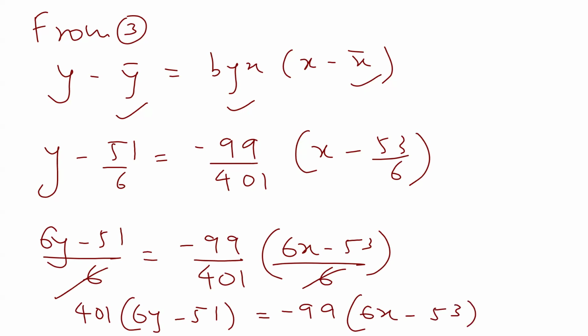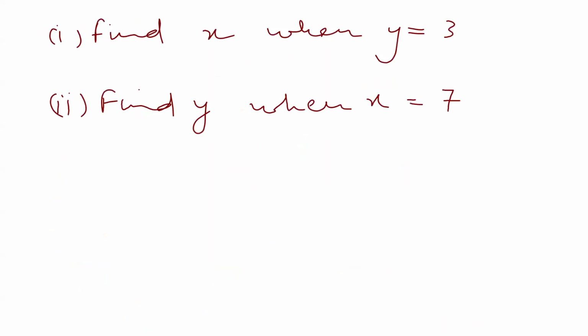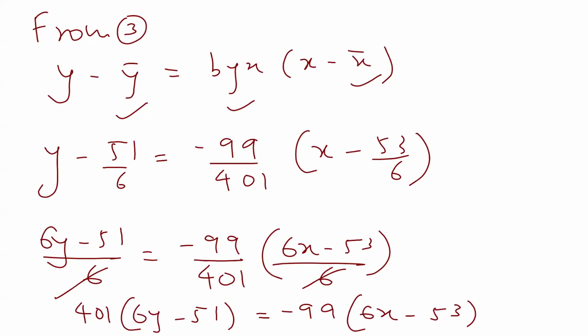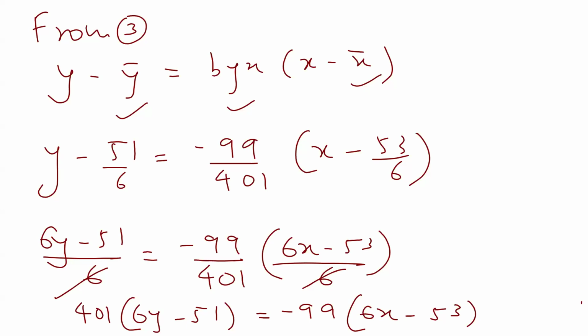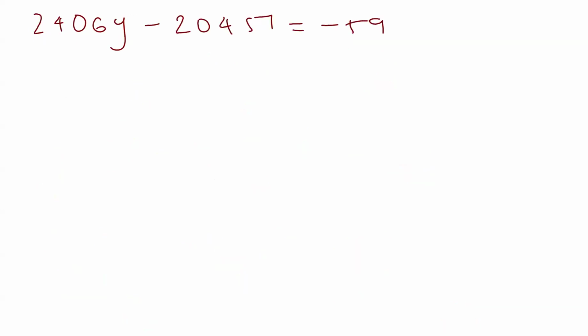So just multiply 401 into 6, that is 2406y minus 401 into 51, 2451, equal to 99 into 6, 594, so minus 594x plus, why plus?